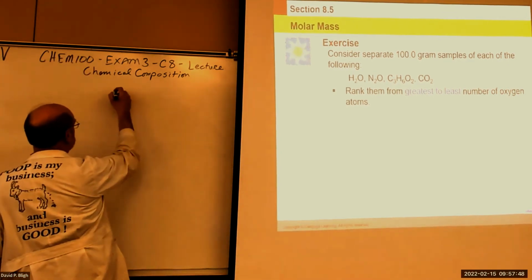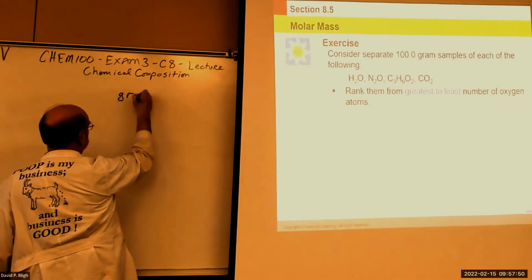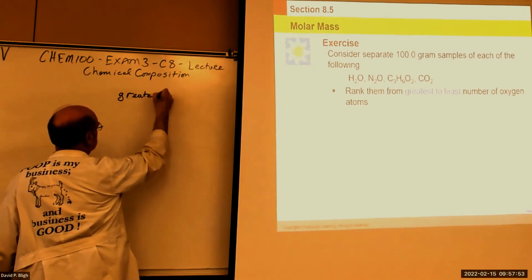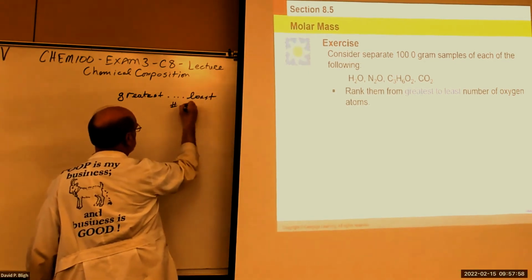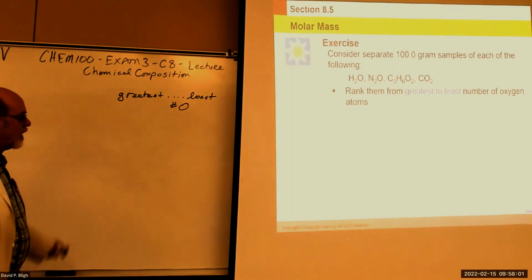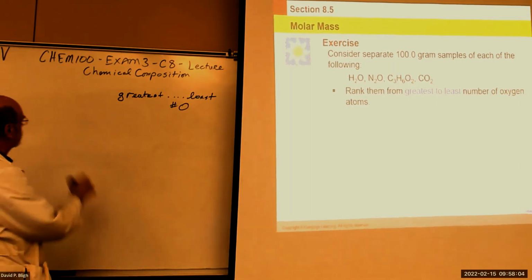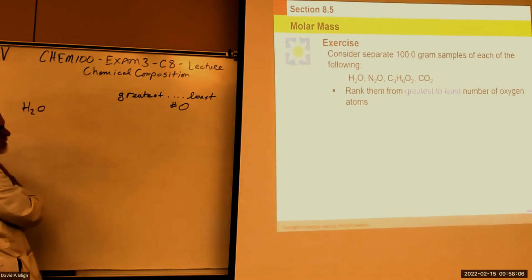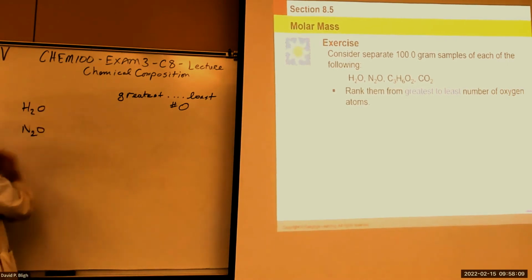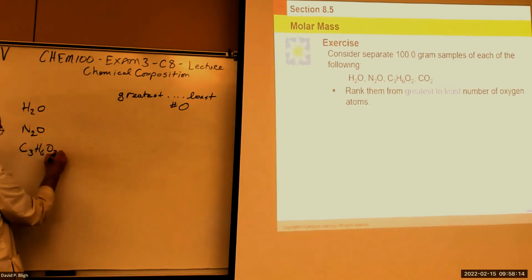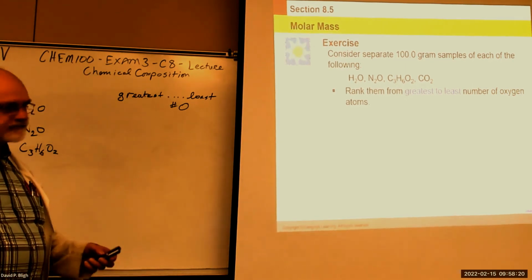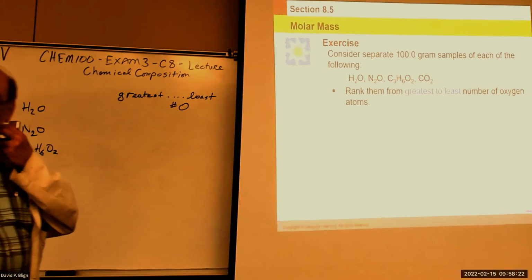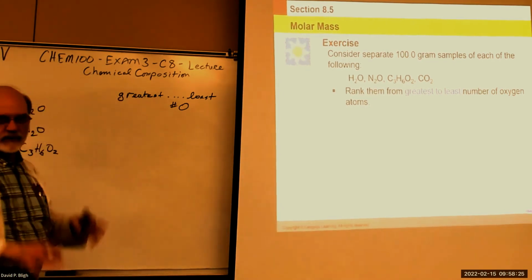So you could say, greatest to least number of oxygens. All right, we're starting off with a 100-gram sample of water, laughing gas, C3H6O2, which is a carbohydrate, and it's probably propionic acid, but you don't need to know that.